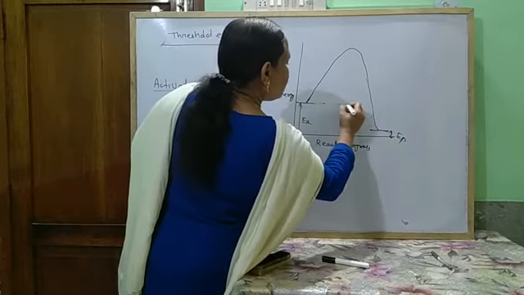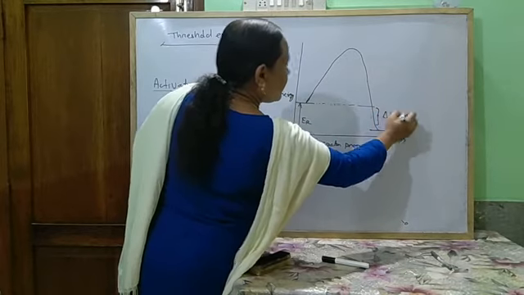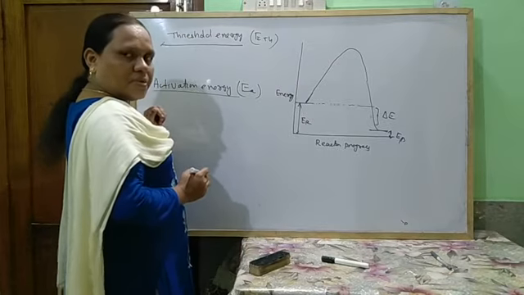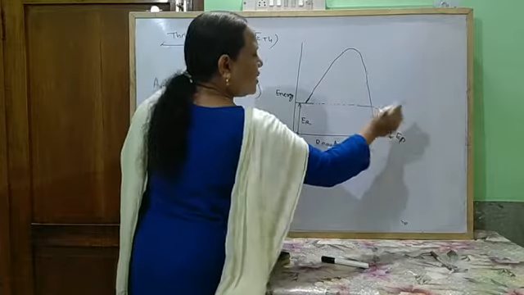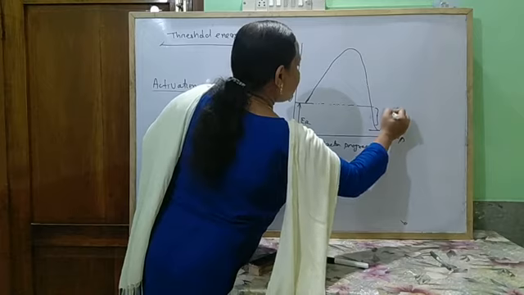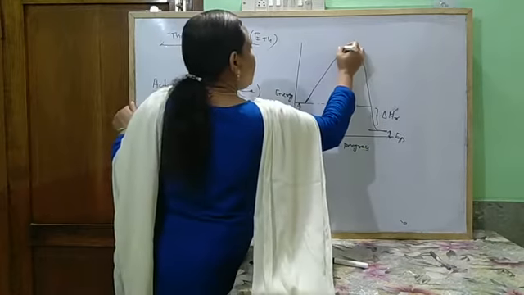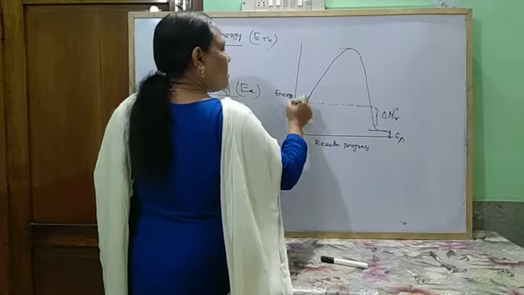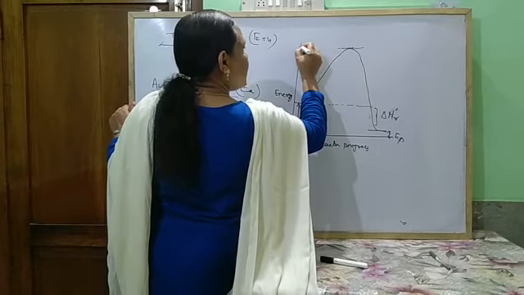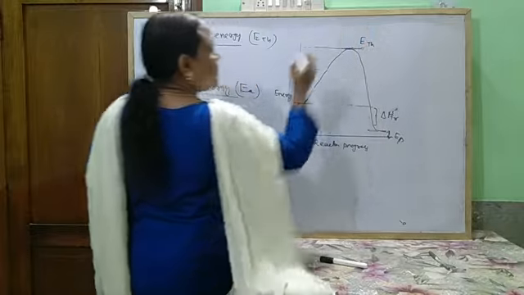What is the difference between the energy of reactant and the energy of product? Del E. This is known as the energy of reaction, or enthalpy of reaction, which we can write as del H. At this energy, the reactant molecules get excited and the reaction starts, and this energy is the threshold energy.